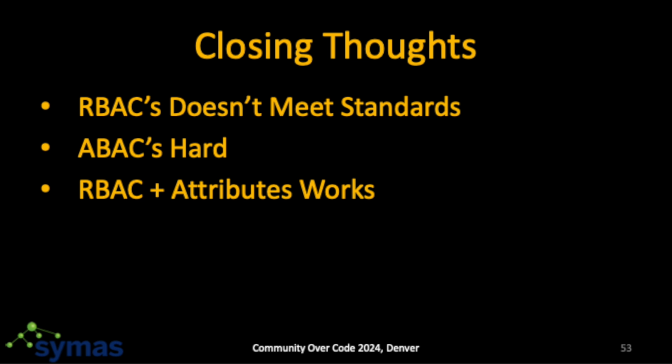Yeah, you can do it, but it's not easy. It's not as elegant as RBAC, in my view. And so we do have this stopgap measure between the two, between the easy, you're going to need it, and it's elegant, and the hard, you may not need all of that. You have this kind of middle ground. And that's what I'm shooting for here. Hopefully I'll convince you of that.